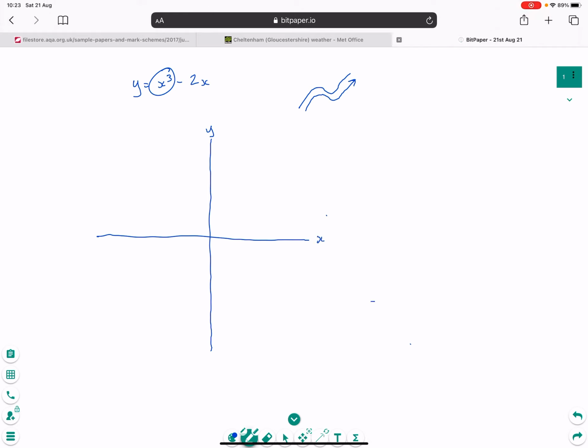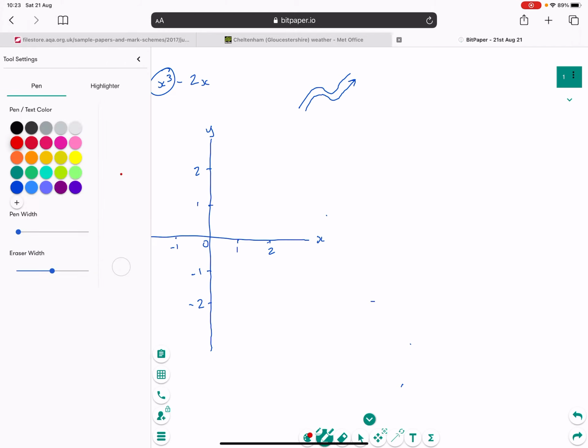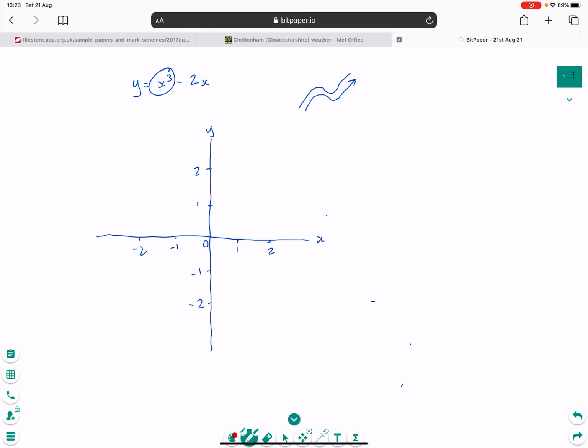And then I forget, it's something like they've got -1 here, and 1 here, 2, -2. It's like 1, and 2, and -1, -2. Then the line. Let's go for an angry red on that one.